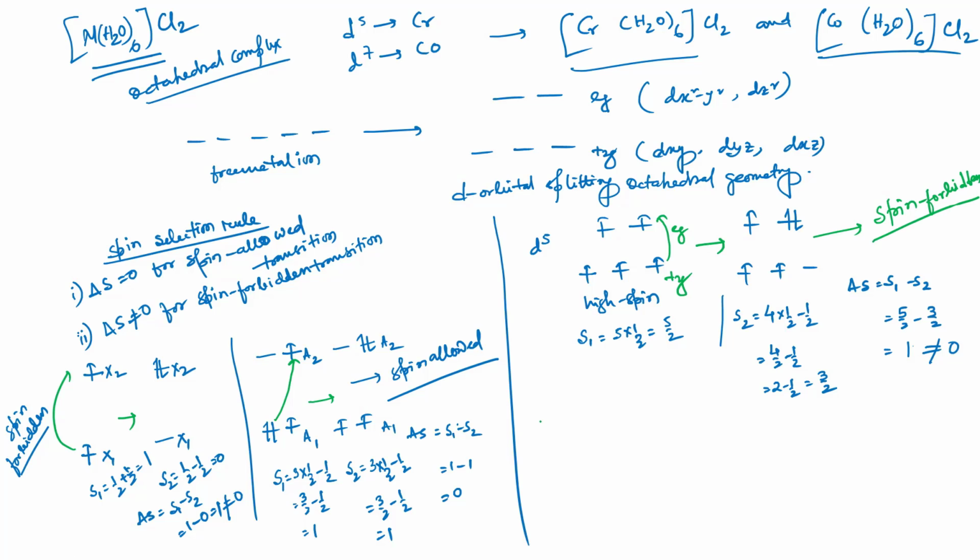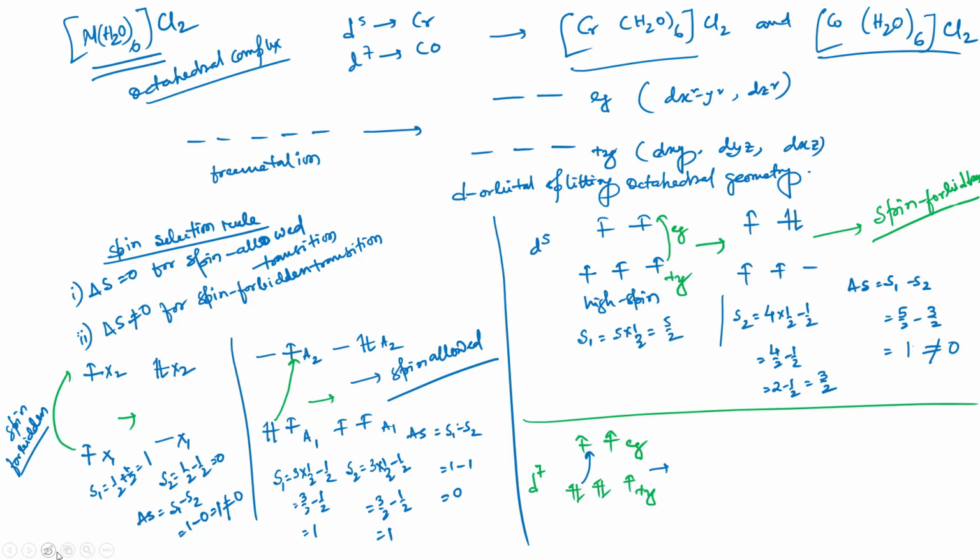Now come to the d7 case. The configuration of d7 will be two pairs of electrons in two orbitals of t2g, one orbital of t2g singly occupied, and the eg set with singly occupied orbitals. Now think of this transition happening between t2g and eg.